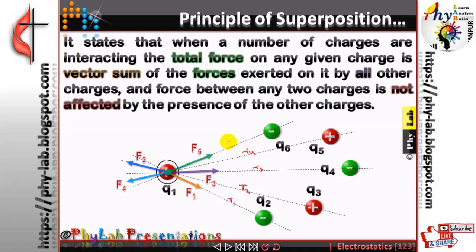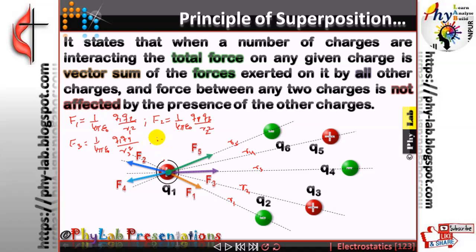This as R4, this as R5, and I will find out individual forces F1, F2, F3. So the magnitude of F1 will be 1 upon 4 pi epsilon naught Q1 Q2 upon R1 square. Then F2 being equal to 1 upon 4 pi epsilon naught Q1 Q3 upon R2 square. Similarly, I can find out F3, 1 upon 4 pi epsilon naught, once again Q1 Q4 upon R3 square, and so on.